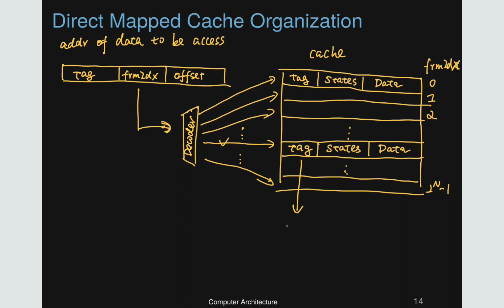And then this tag will be compared with the tag of the data that is being requested. So we take the tag stored in the frame and compare it with the tag of the data that we want to access. This comparison will tell us whether the data that we want to access is in the cache or not.